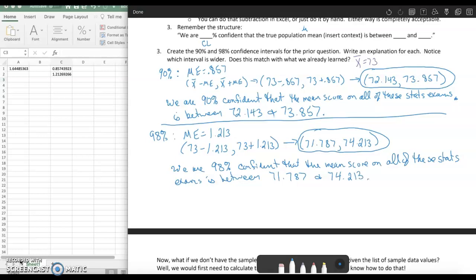And if you look at those intervals closely, you should notice that the 98% interval is in fact wider, which does match what we already knew and what we were already expecting to happen.